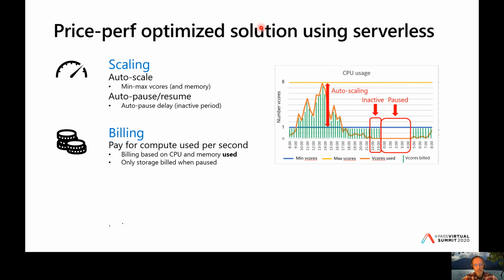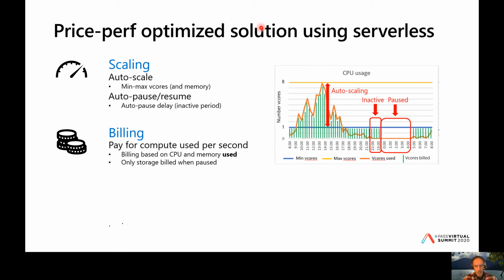In terms of billing, serverless charges just for the amount of compute that's used on a per second basis across both memory and CPU dimensions. And then when the database is paused, and because we've terminated the underlying compute, we're allowed to pass those cost savings along to the customer and only charge for storage.